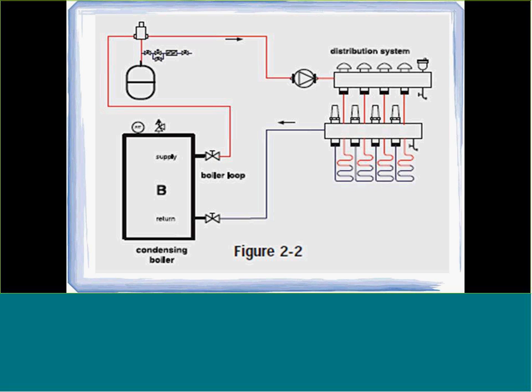And a lot of times, if you're doing a concrete slab, we can see water temperatures entering the slab anywhere from 90 to 110 degrees, which means with a condensing boiler, we can set that boiler to generate 110-degree water. It'll come back at 90 degrees, and the boiler will condense at 92–93% in that kind of a situation. So condensing boilers and radiant floor complement each other very well.